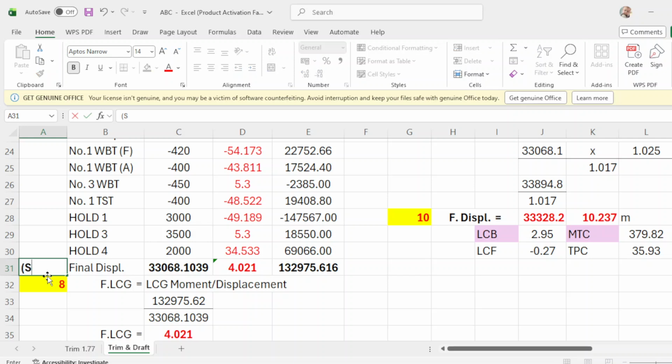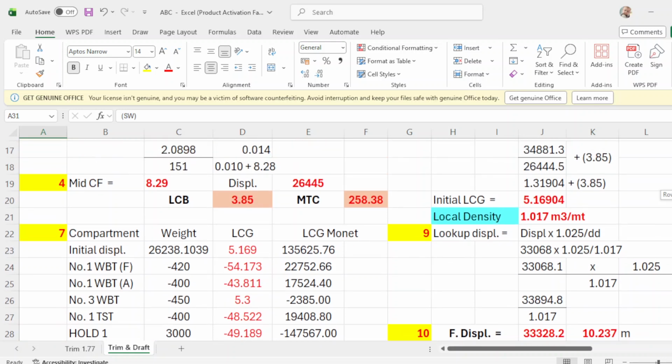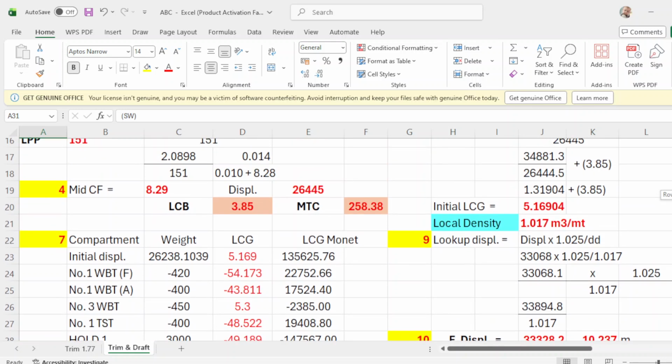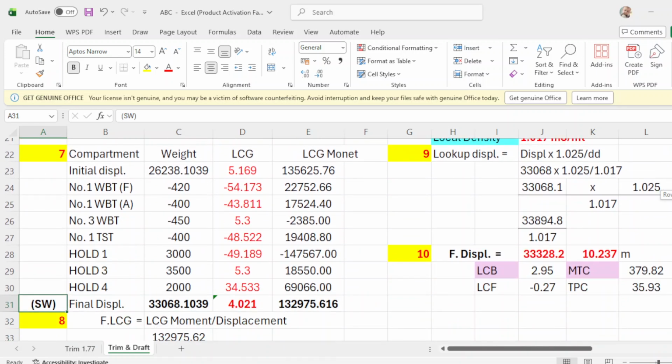You will understand better. And you convert this, you apply the density of 1.017.